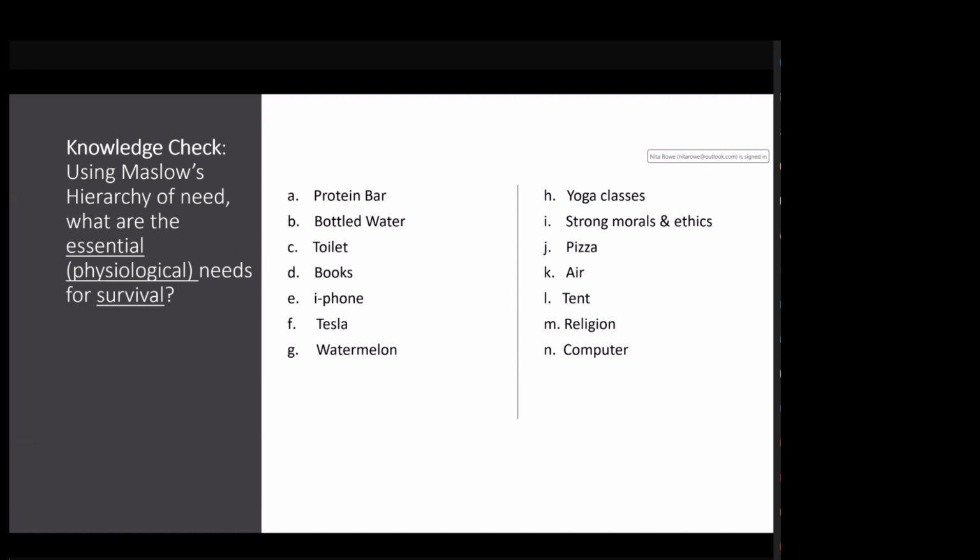Okay, here's a fun little activity. Using Maslow's hierarchy of need, what are the essential physiological needs for survival? Okay, and we'll do this as a class. And just kind of put yes or no on chat.